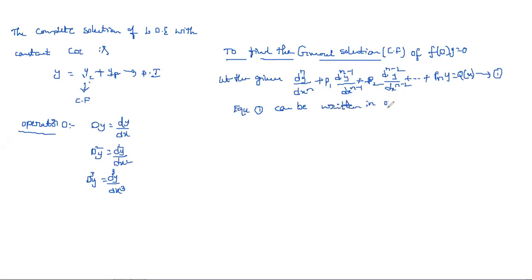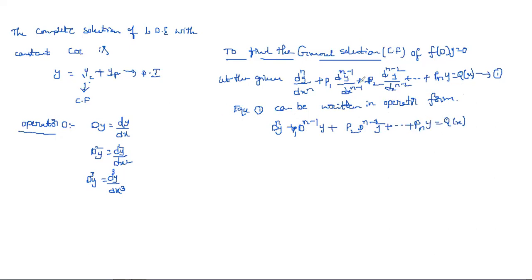Operator form is simply D. So D power n y plus p1 D power n minus 1 y plus p2 D power n minus 2 y plus and so on plus pn y is equal to q of x.